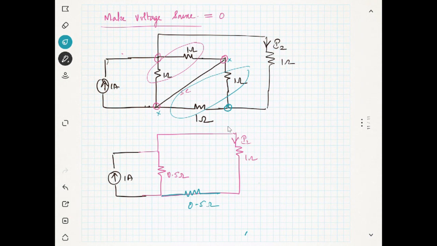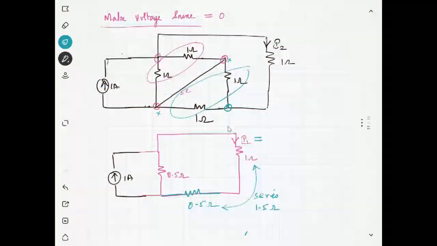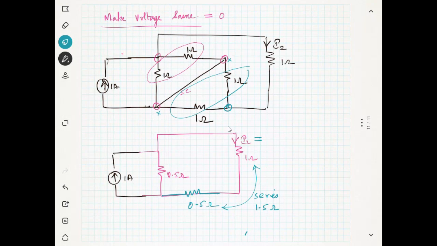Now you see, you want to find I2, and you have 1 ampere. And what is the total resistance? These two are in series, and the total resistance is 1.5 ohms. So the current I2 is found out by using current division. Current division means you want to find I2, so you will take the main current and multiply by the resistance of the other branch.